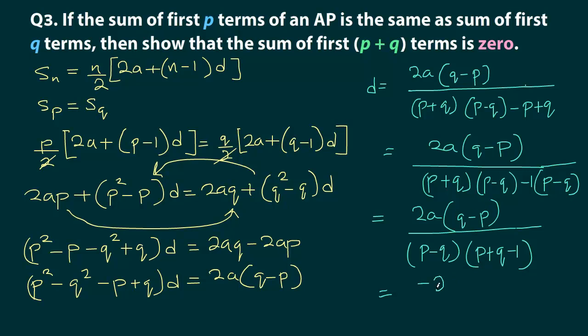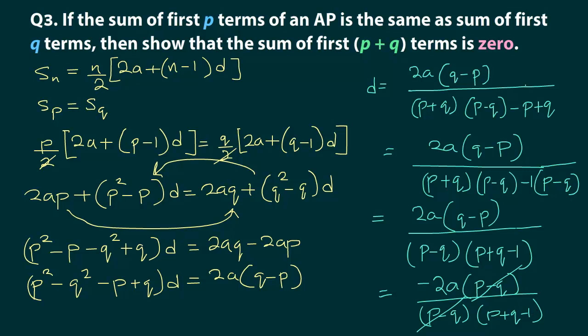It will be minus 2a times p minus q, divided by p minus q times p plus q minus 1. Now we can cancel p minus q, p minus q. So what we have here is minus 2a divided by p plus q minus 1.